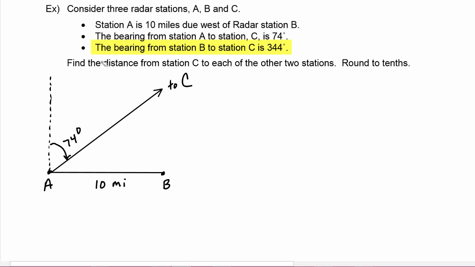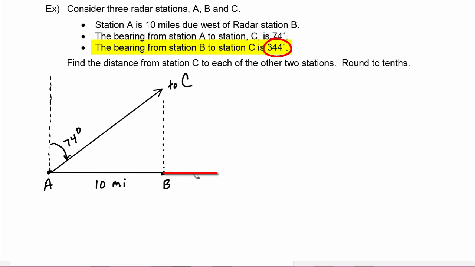The next clue is that the bearing from station B to station C is 344 degrees. So we have to start from B, and we're going to draw our dotted line to the north, and we rotate through 344 degrees.